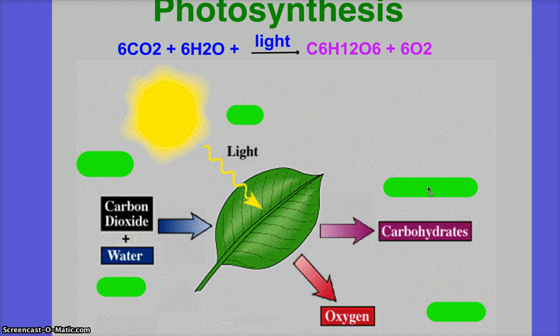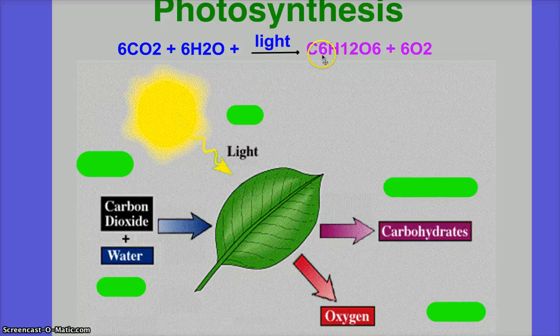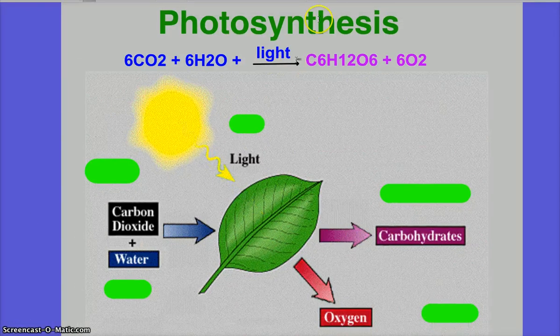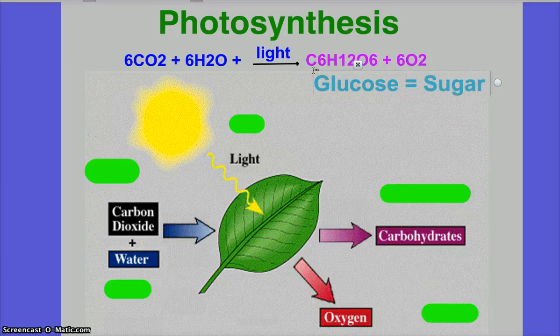Glucose. Or carbohydrates. Because sugars are carbohydrates. And remember when we studied, we said it's a ratio of 1 to 2 to 1. So for every 6 carbons, there's 12 hydrogens and 6 oxygens. So this molecule right here is glucose. Glucose is a sugar, which is a carb.